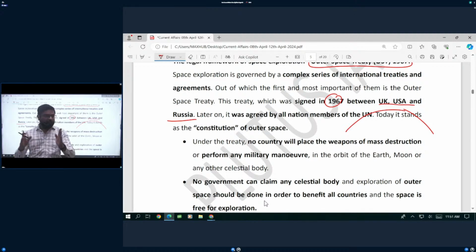And the Cold War was going on between USA and USSR. So a very good idea came into the mind of the USA, known as the Strategic Defense Initiative, popularly known as Star Wars. The movie Star Wars is named after it. The logic of the USA was, why shouldn't we place nuclear weapons in satellites? Satellites can go out of the country, be over Russia, and launch from there.